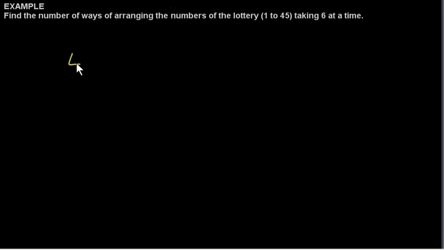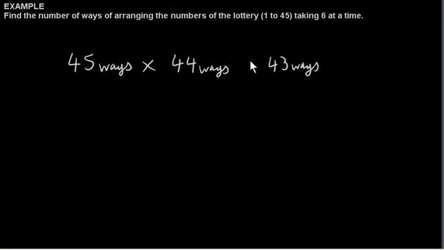So we have 45 ways of selecting the first number. And after we've selected the first number, there are 44 ways of selecting the second number. And so on. 43 ways for selecting the third number, because there are 43 numbers left after we have selected the first two numbers.